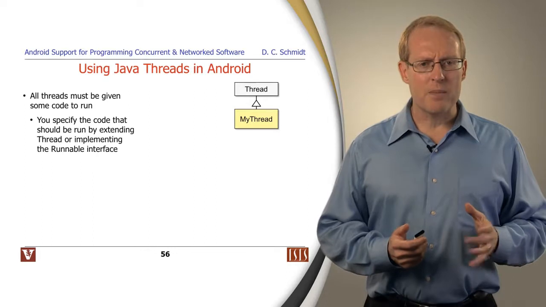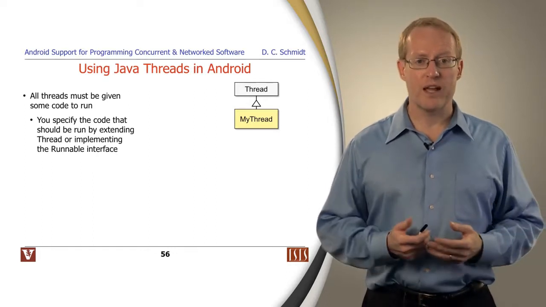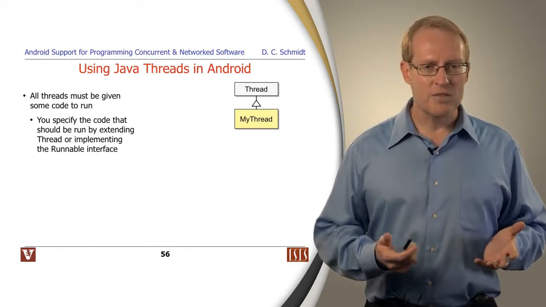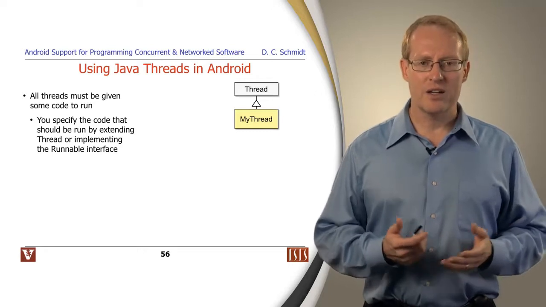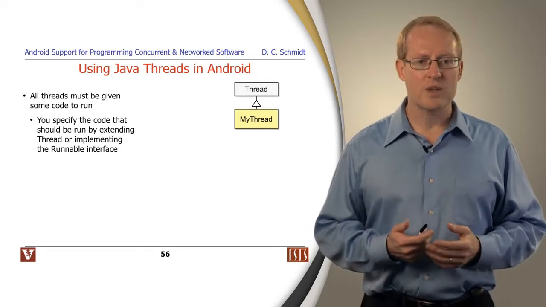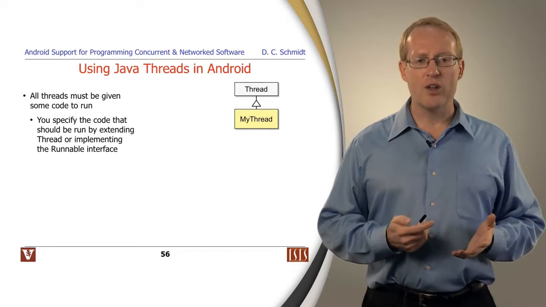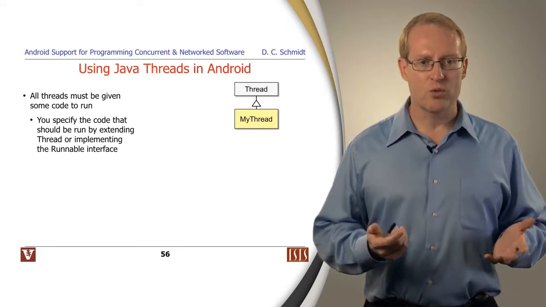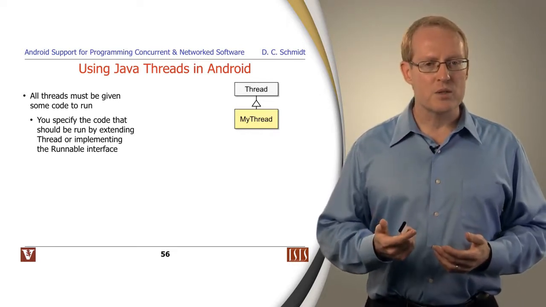So let's talk briefly about how you use Java threads. You're probably familiar with this already, but if you don't have a lot of background in Java threading, let me give you a quick recap. In Java, all threads have to be given some code in order to run. You typically do this one of two ways.